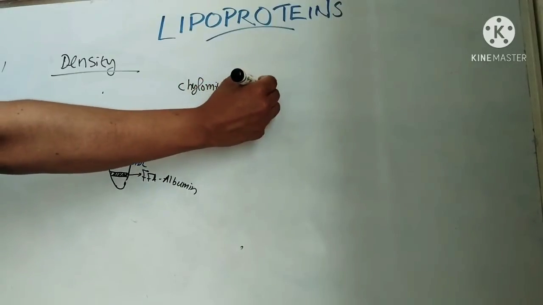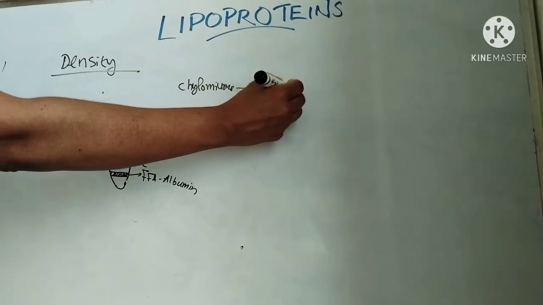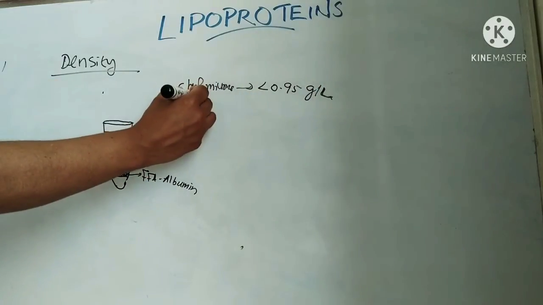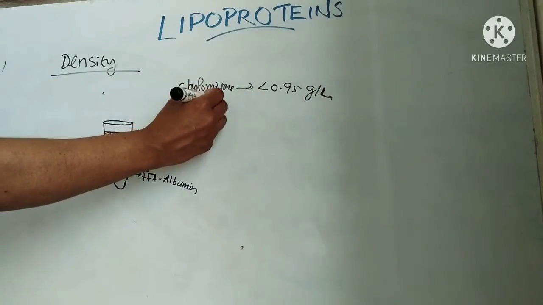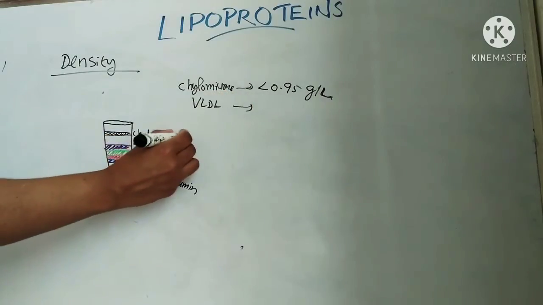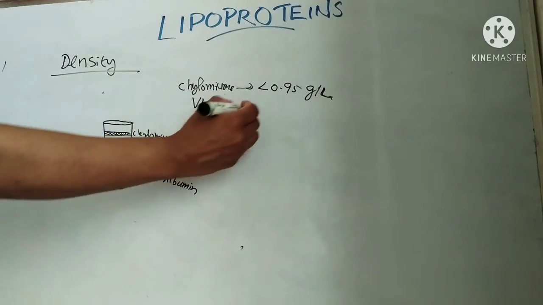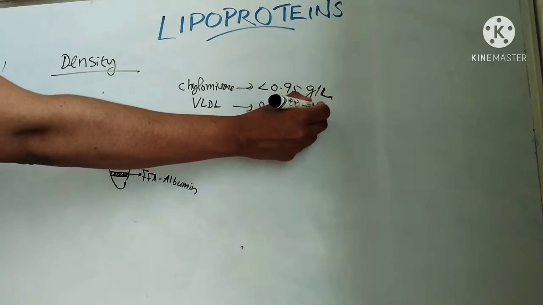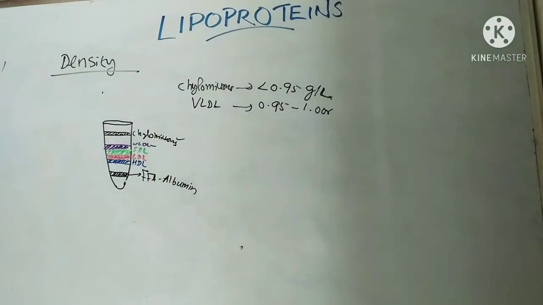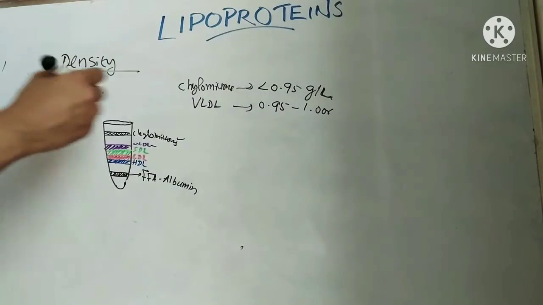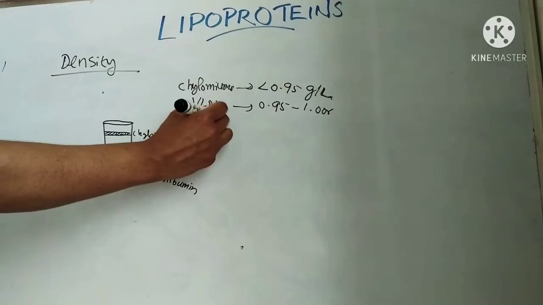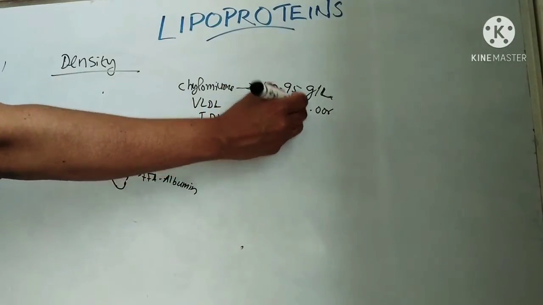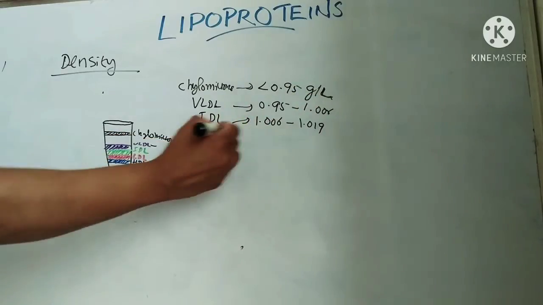Coming to the density in gram per liter, chylomicrons have density less than 0.95. VLDL has density 0.95 to 1.006. IDL has density 1.006 to 1.019.